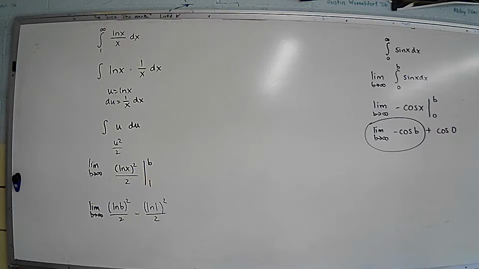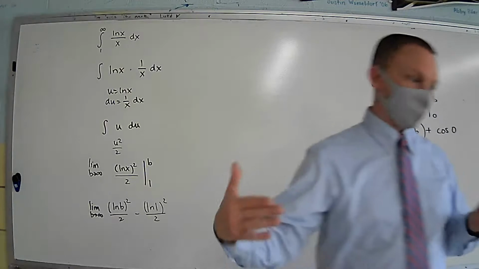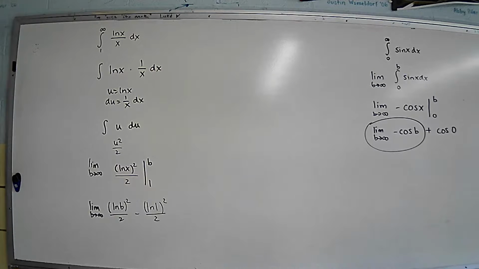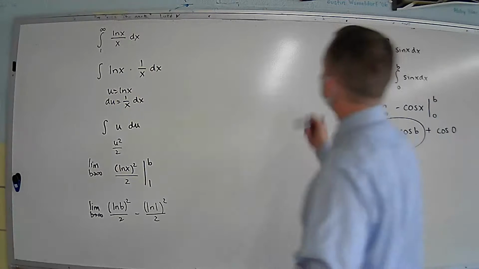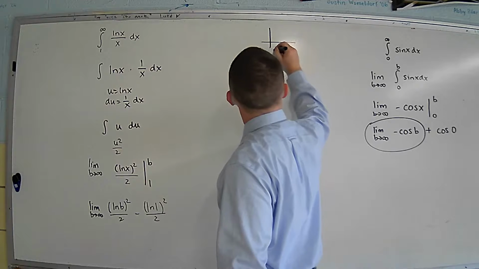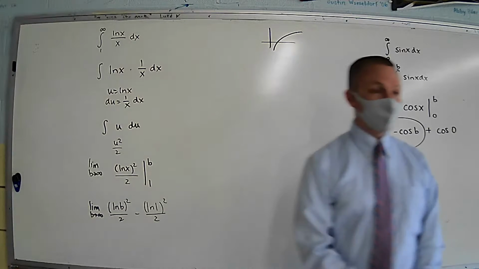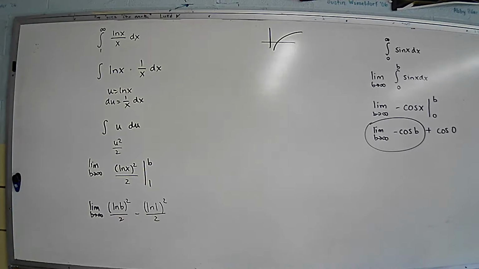Why does natural log go to infinity? Well, if you want the graphical explanation, the graph of natural log looks like that. It actually is not flat. It doesn't have a horizontal asymptote.